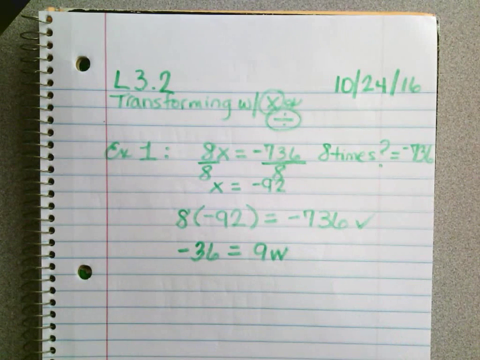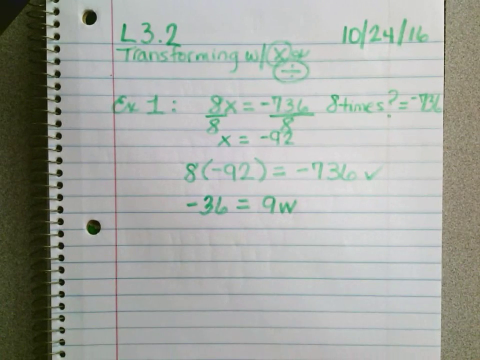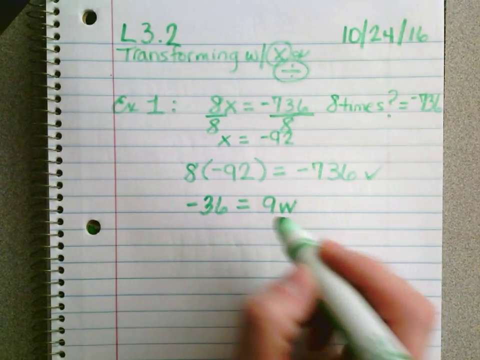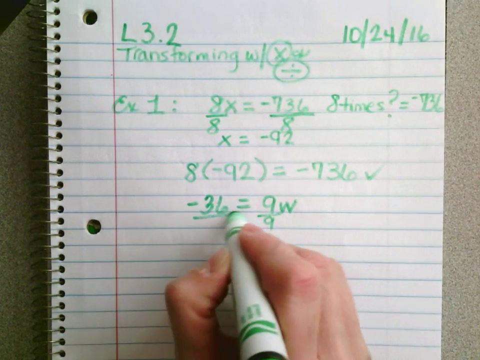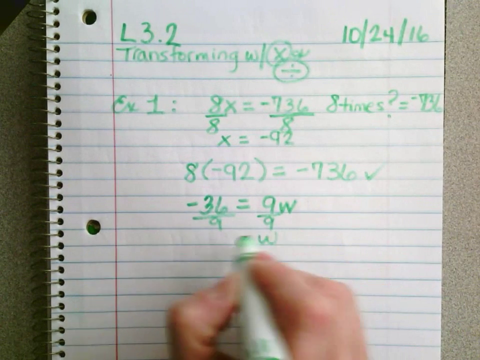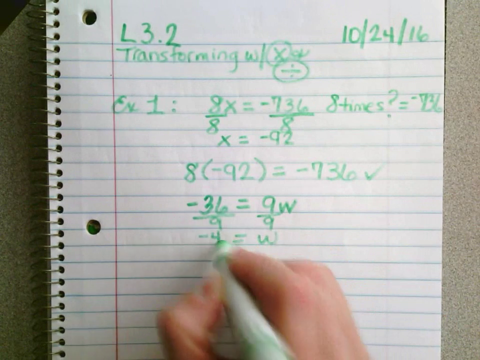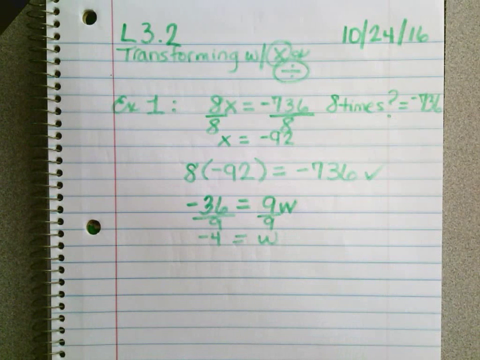The process is still the same. You would still divide by the factor that you know. Negative 36 is 9 times what? You would divide by the one you know, giving you your answer. Those are some simple multiplication examples.